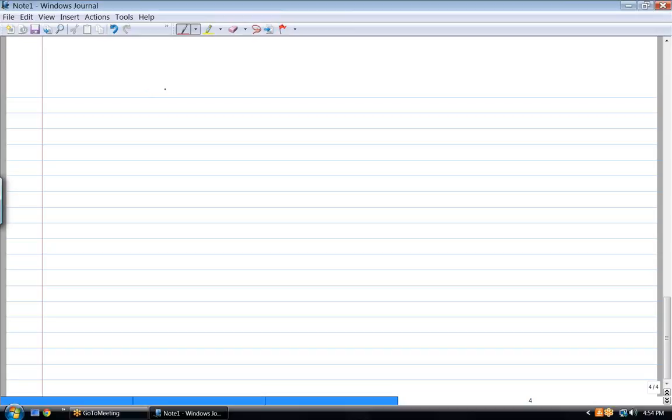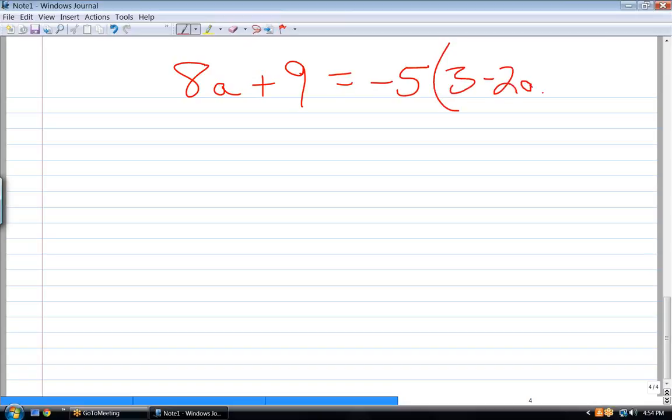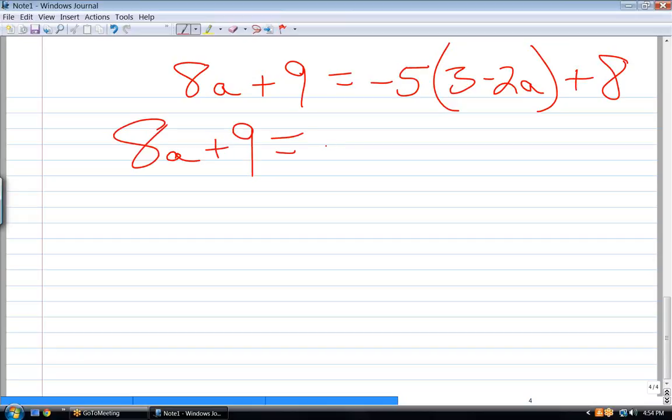Then 8a plus 9 equals negative 5 times the quantity 3 minus 2a, plus 8. Okay. And then first you distribute to get 8a plus 9 equals negative 15 plus 10a plus 8.